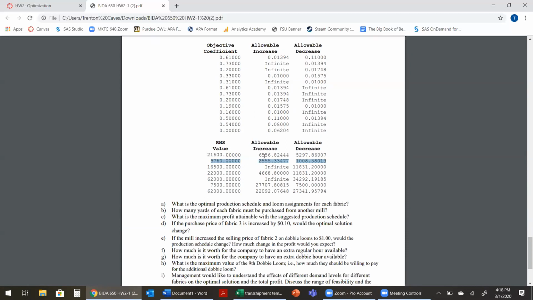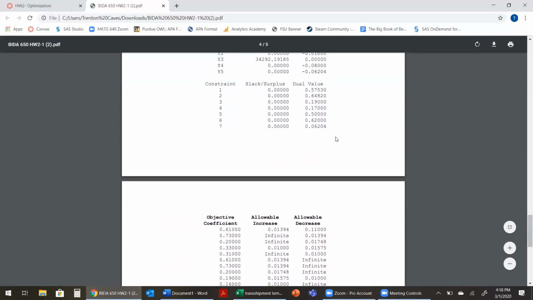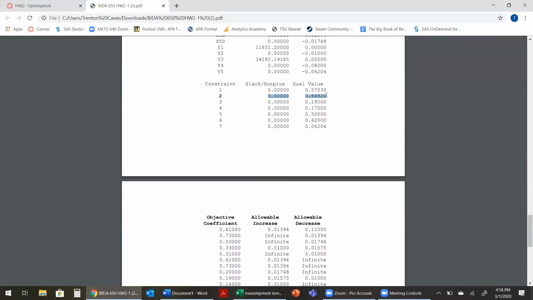And as long as it's within that range of feasibility, then how much each additional unit is worth. So 720 units of production for Adobe looms would give us $466.70 worth of profit.